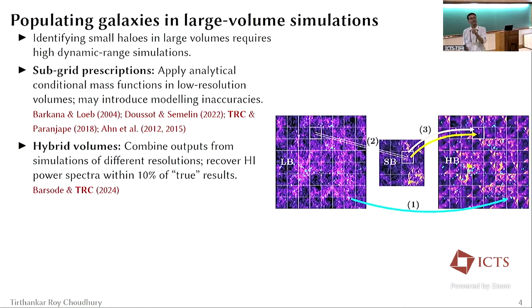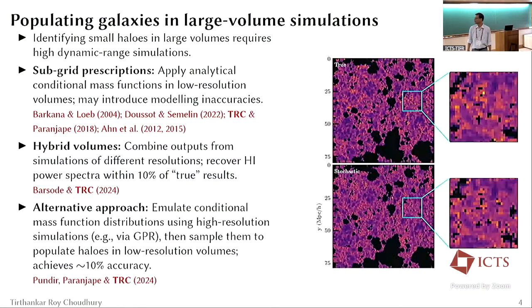You identify the halos from the small volume, find a way to match them to locations in the low resolution volume, and then populate this volume with the halos which are otherwise unresolved there. He could show that we can recover the H1 power spectra to within 10%, sometimes much better, but most of the time within 10% of the true results, compared against a really high dynamic range simulation.